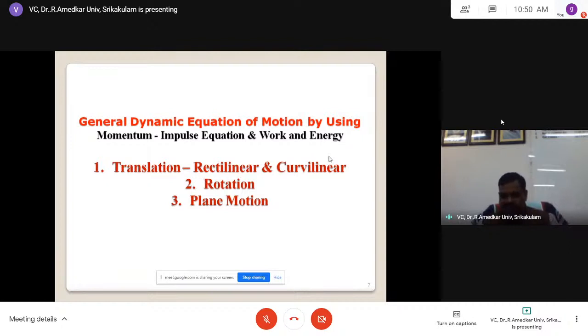In that, rectilinear is only 1 degree of freedom, x or y, whereas curvilinear is both x and y. And then rotation and plane motion. This is how generally we will consider the system for translation degree of freedom, rotation degree of freedom, and the plane motion.